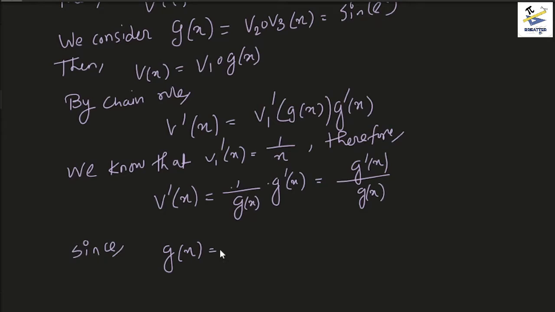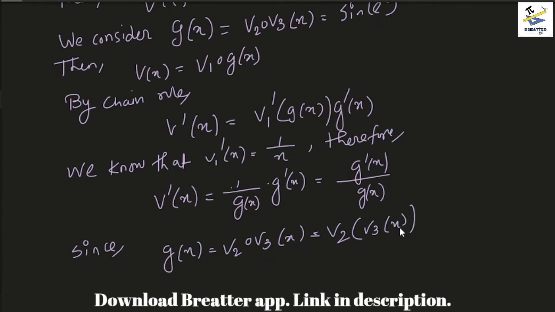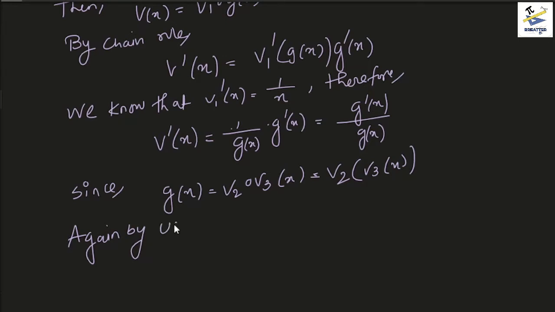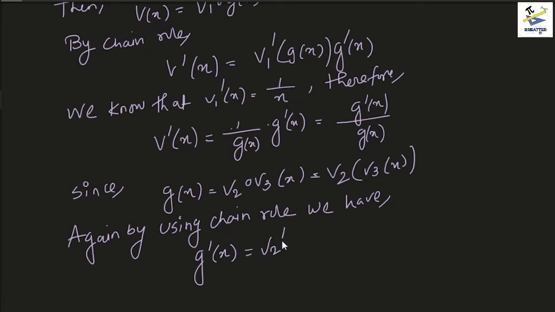since g of x is equal to v2 composition v3 of x, or in other words v2 of v3 of x, then again by using the chain rule, we have g prime of x equals v2 prime of v3 of x multiplied by v3 prime of x, right?